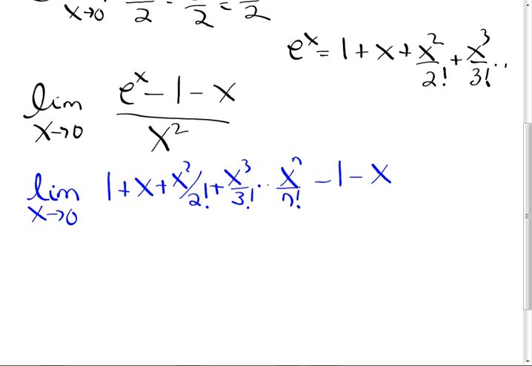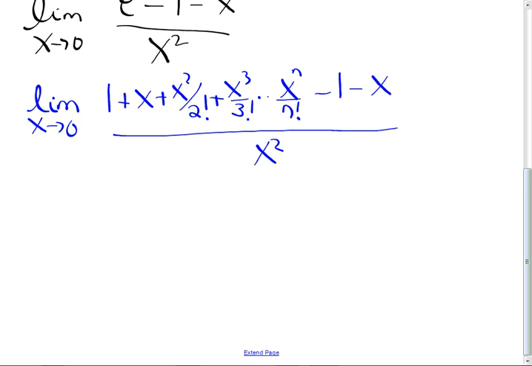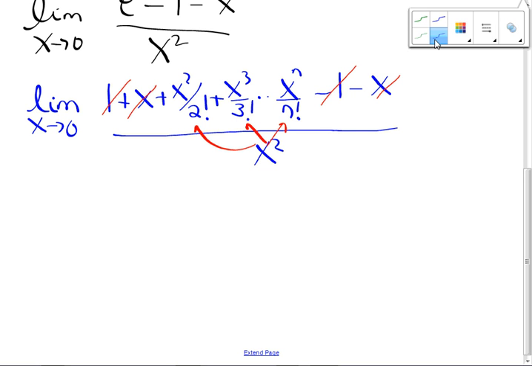This has been a free response kind of question. Well, it's not that bad. What cancels? The 1 goes, the x's go, and then you divide x squared into each one of these. What do you do with exponents? Subtract them.